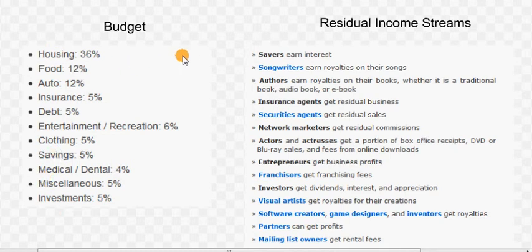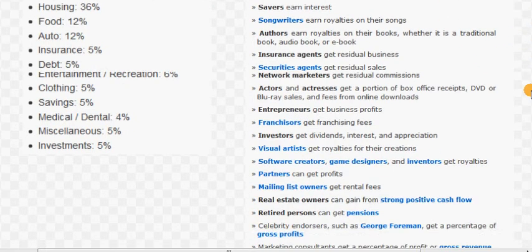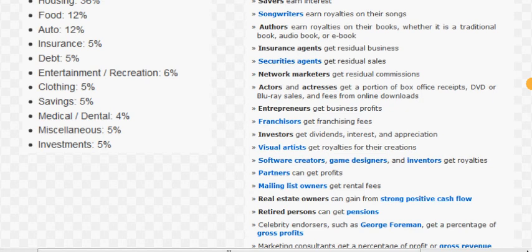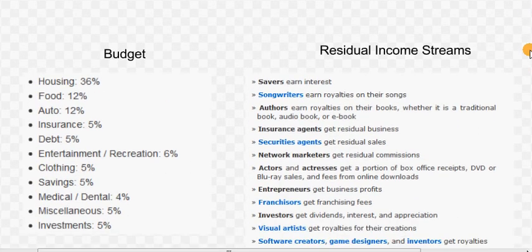Now, this is how it works in a real case scenario. What happens here is we've got about 18 things in this list. Of course, there are more than 18 ways to make residual income, but for the purposes of this video, I'm limiting it to 18. We can talk about some of the other ways at another time. Let's say that you are a songwriter, or you write music, or you have some knowledge of how to make mood music.